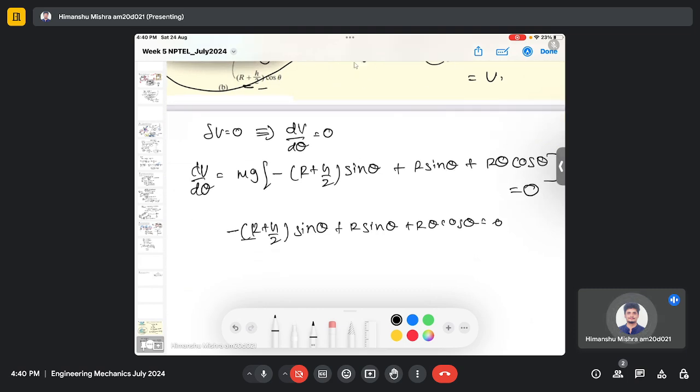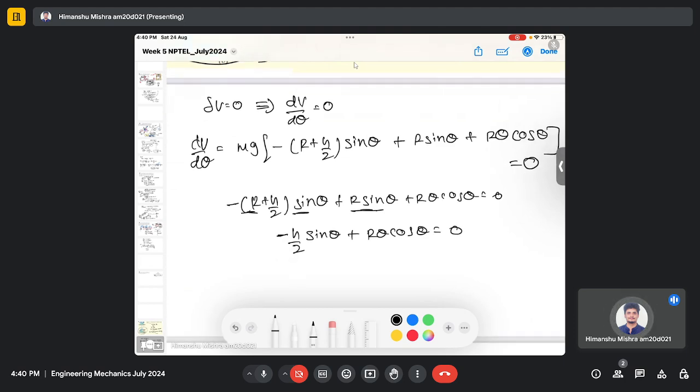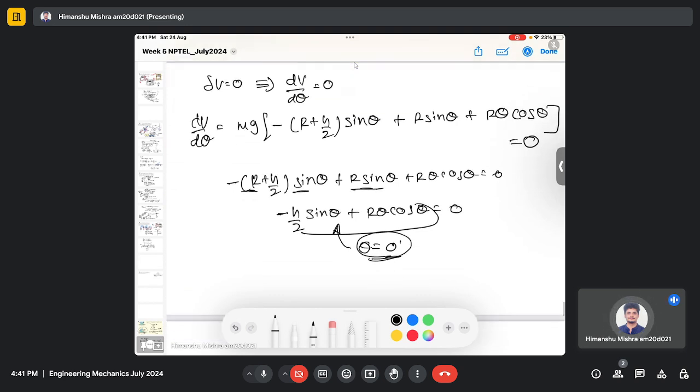Here we have minus r sin theta, here we have r sin theta. So we will have h by 2 minus h by 2 sin theta plus r theta cos theta equal to 0. So this condition is satisfied when theta is 0, because when you plug theta equals 0, this whole equation will become 0. So one of the solutions is theta equal 0. So this is one of the equilibrium positions.